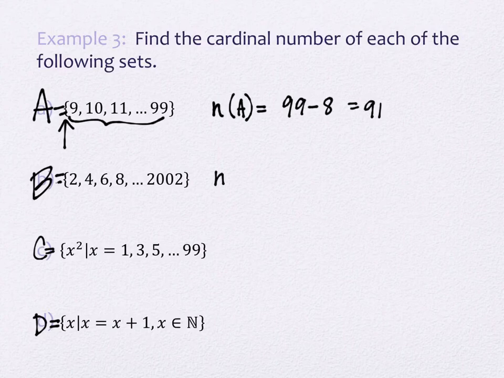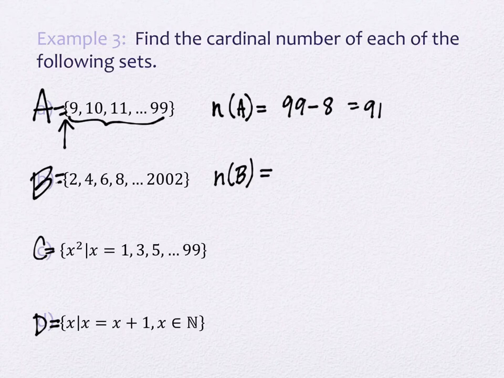Okay, how about the second one? We are skip counting now. These are only even numbers from 2 to 2002. What do you think? Whatever it is, we're going to divide by 2. Does everybody agree?